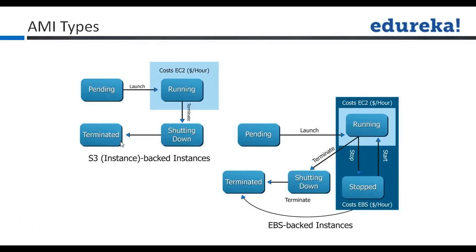Take an example. You are running an Amazon EC2 instance which runs from 9 AM to 6 PM. Only you are using it from 9 AM to 6 PM, so it's only running 8 hours in a day. While if you launch an S3 backed instance, you don't have a stop state.